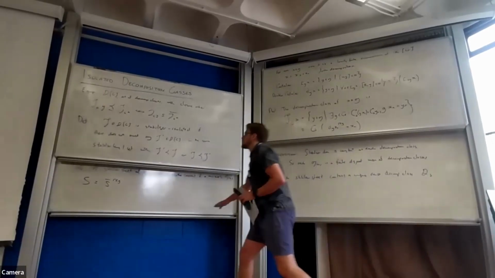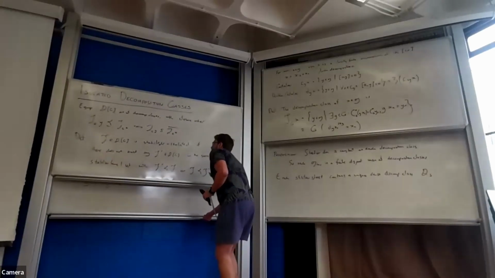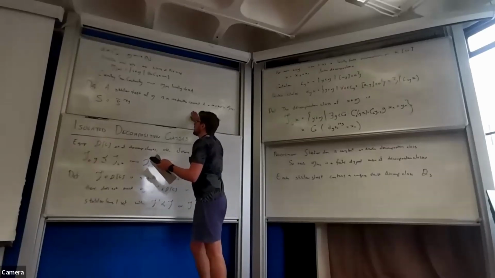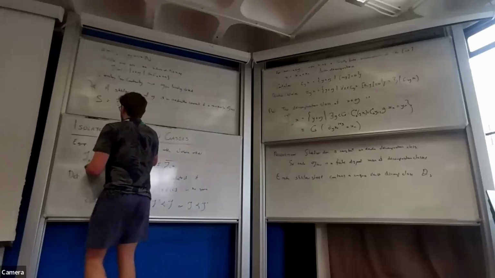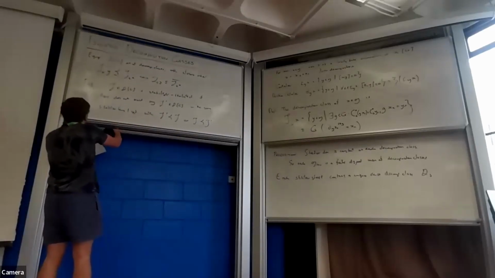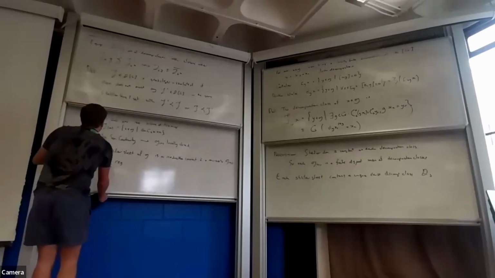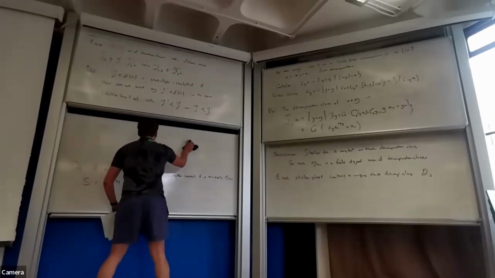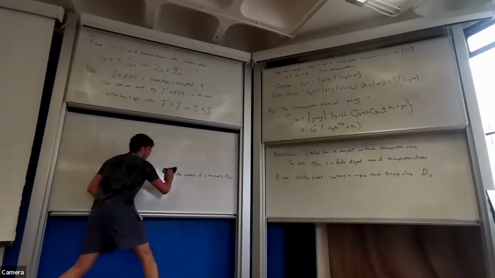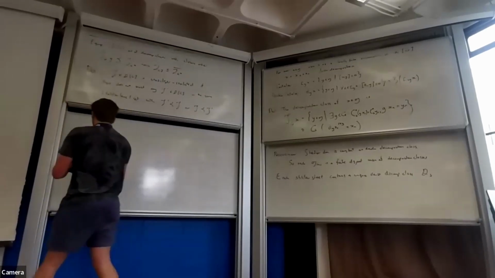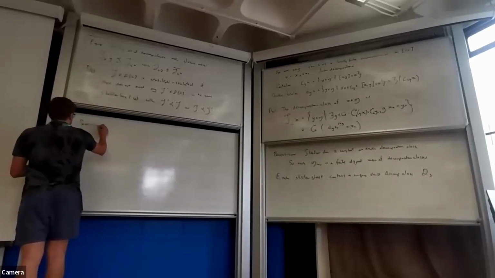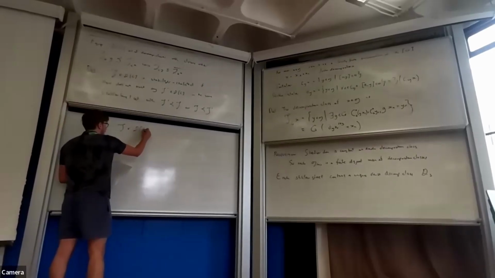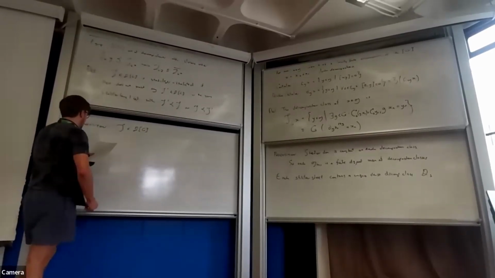And there's a nice result that's not too tricky to show: suppose J is a decomposition class.